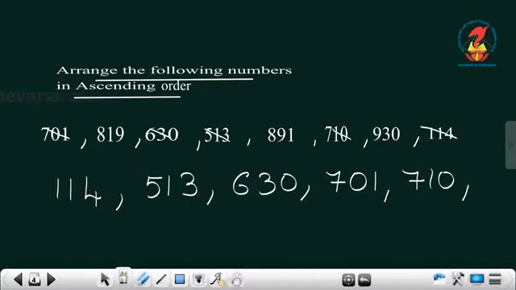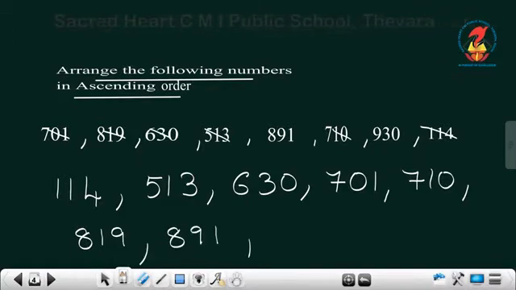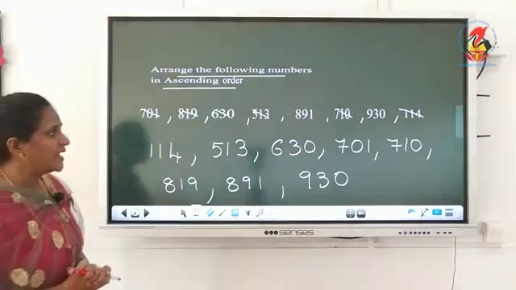After 710, the next bigger number is 890, so we'll write 890. Now you have two numbers again that are greater, 891, and then the greatest number is 930. Got it?